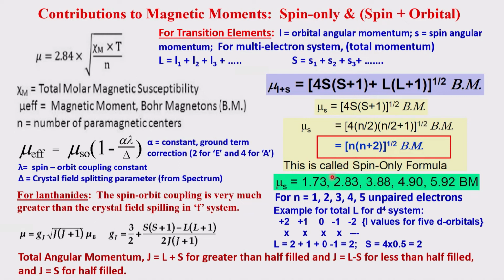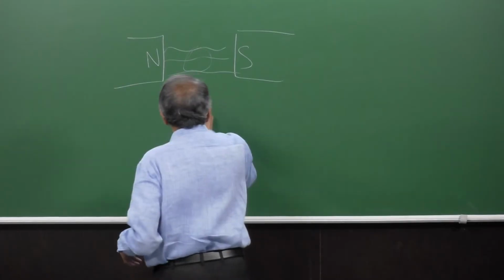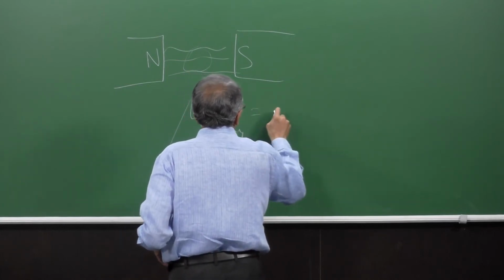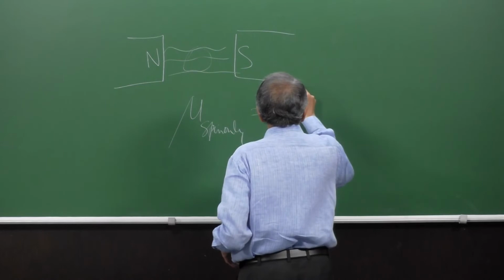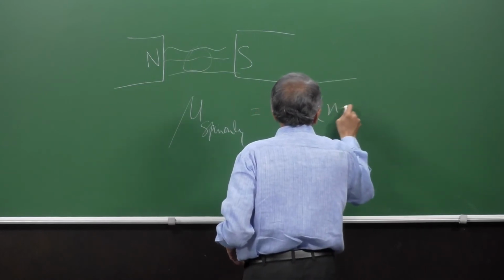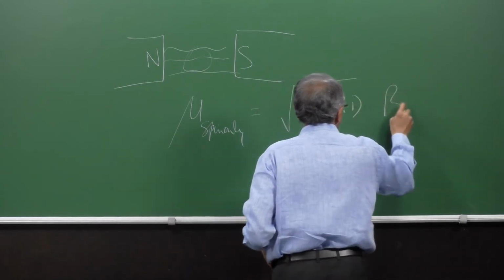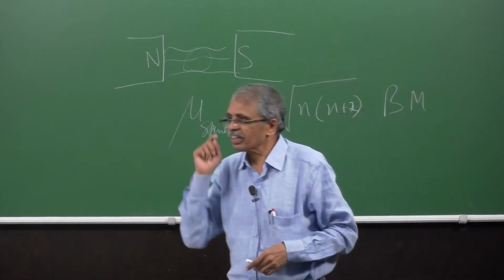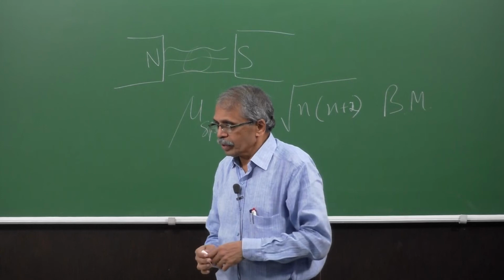Therefore mu spin-only comes from the square root of n(n+2) Bohr magnetons.